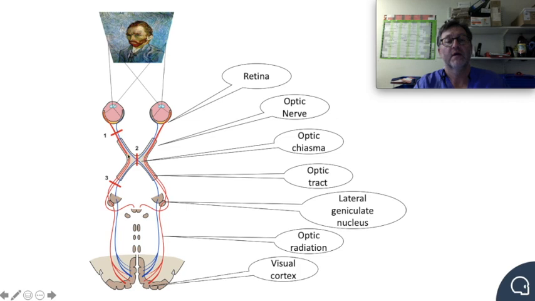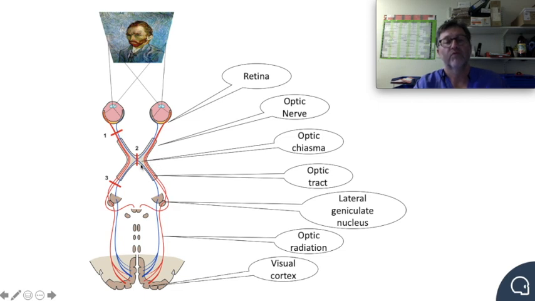Here at the optic chiasma, the nerves from the lateral retina carry on the same side, whereas the nerves from the medial retina cross over at the optic chiasma. And you can see them crossing over to the opposite side.